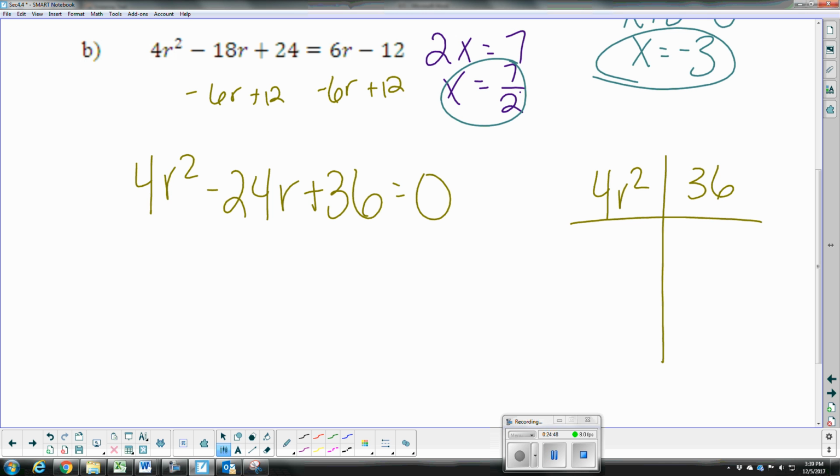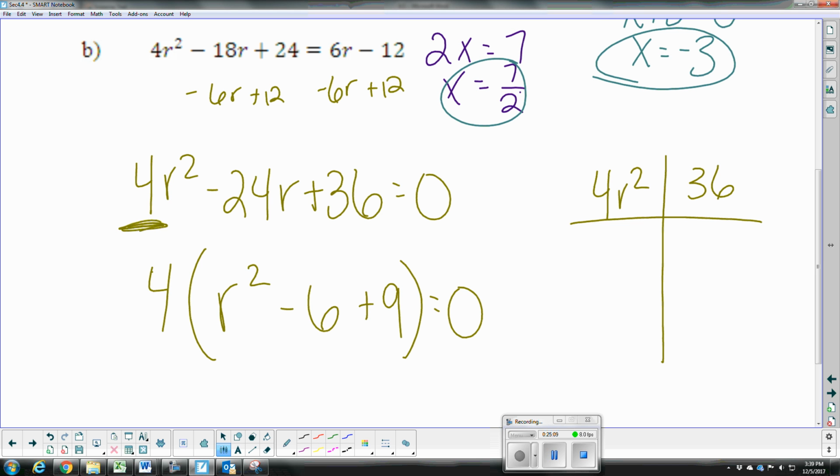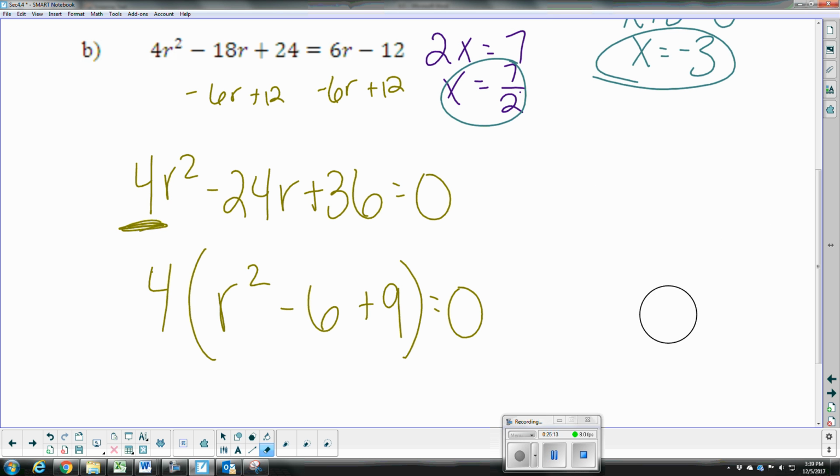Now, actually looking at this, I can factor out a common monomial term. That 4 might make it a little bit simpler. So let's factor out a 4 from each term. So I get 4 times r squared minus 6r plus 9 equals 0. So I'm not actually going to need to do all that other stuff.